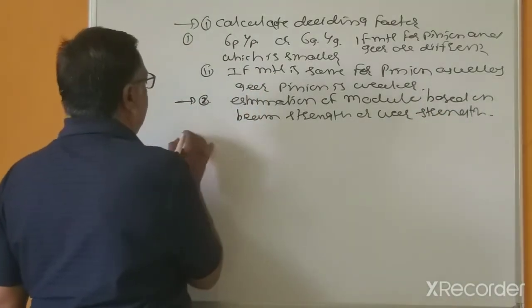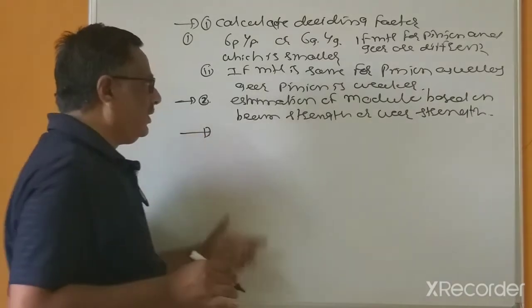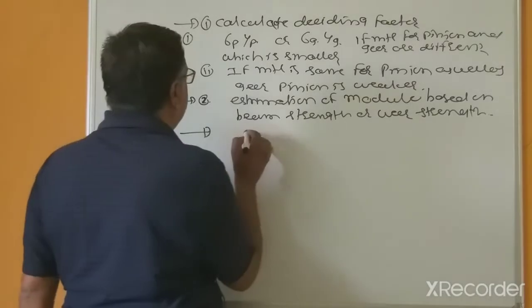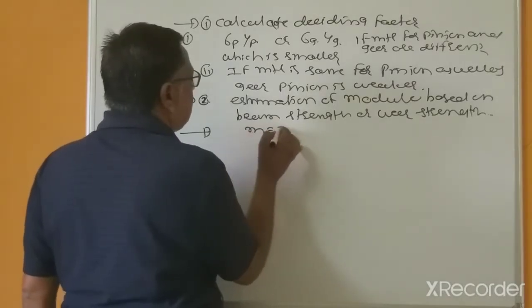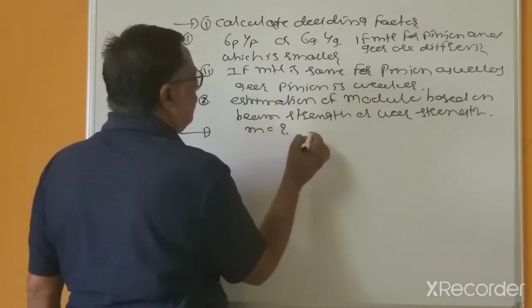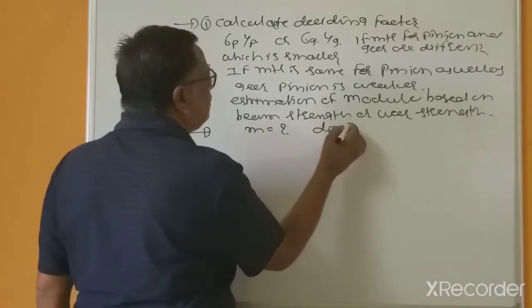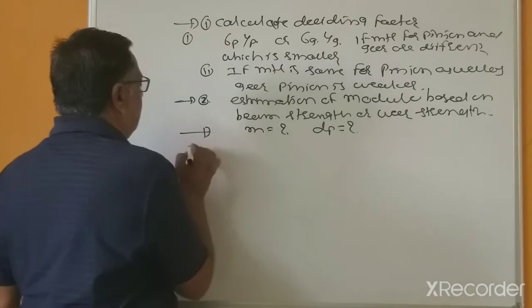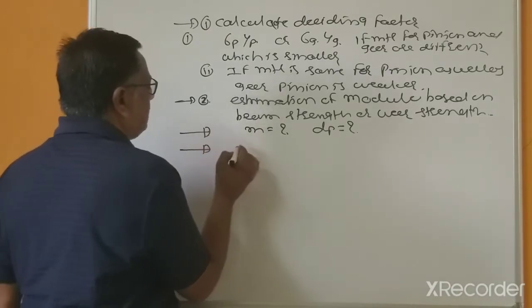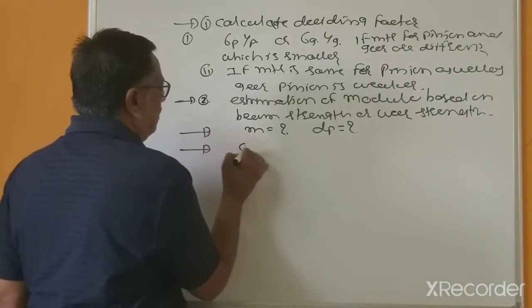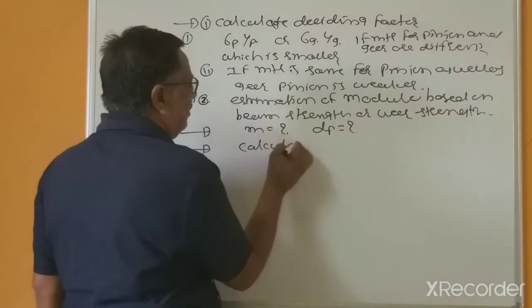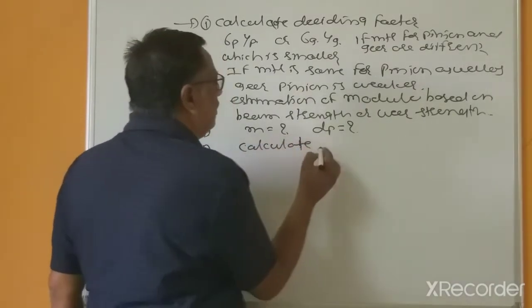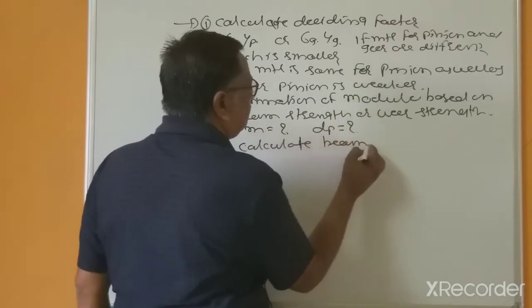After this estimation, the module m is known and dP is also known. Next, the third step: calculate the beam strength.